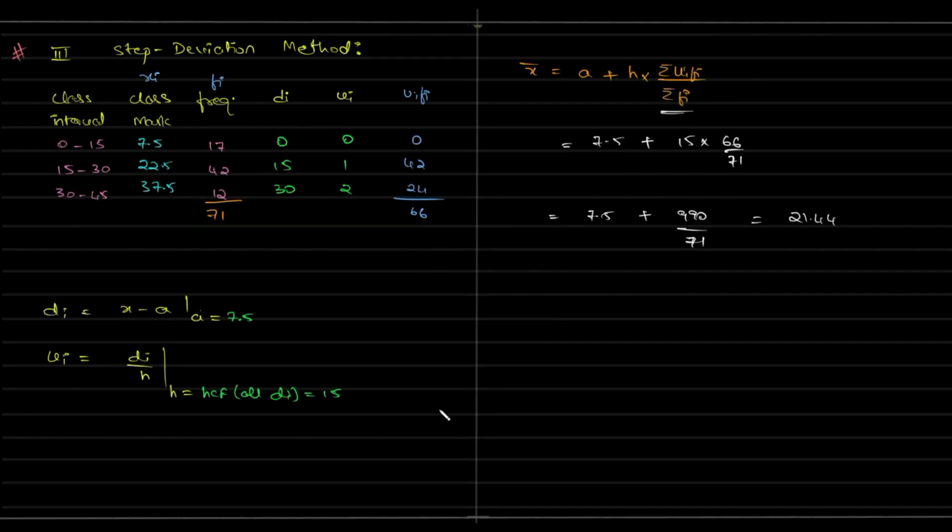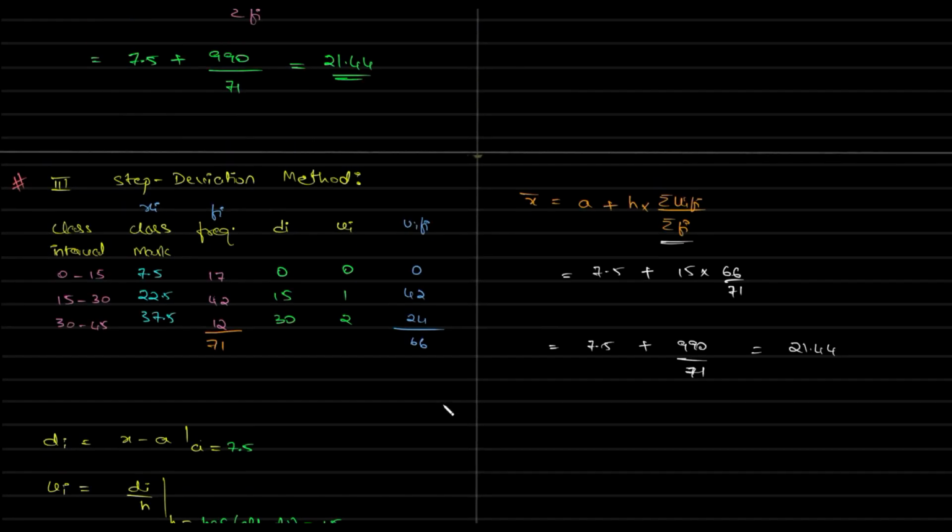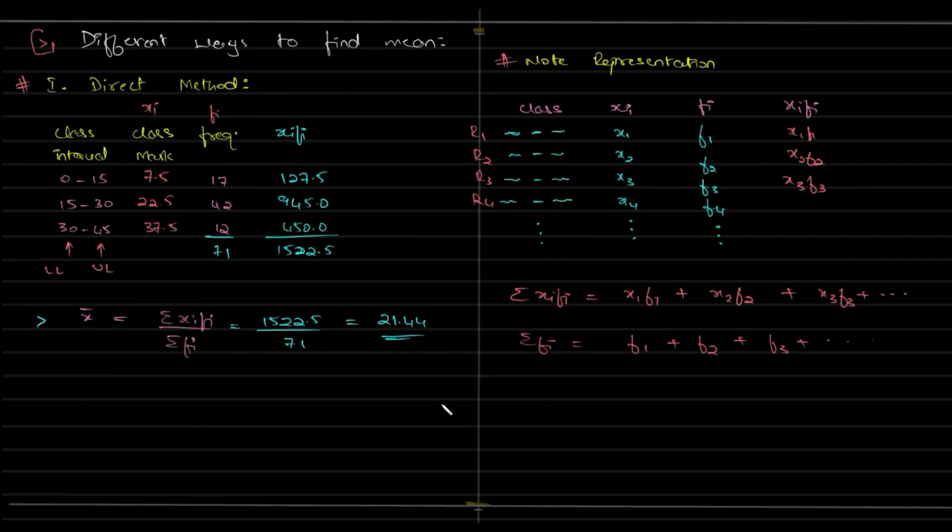This is your third method, right? So again, I'll repeat. Direct method is good when we have numbers which are easy to multiply, right? And don't forget the representation. Xi, Fi, where i stands for the positive integers depending on the row we are standing in.